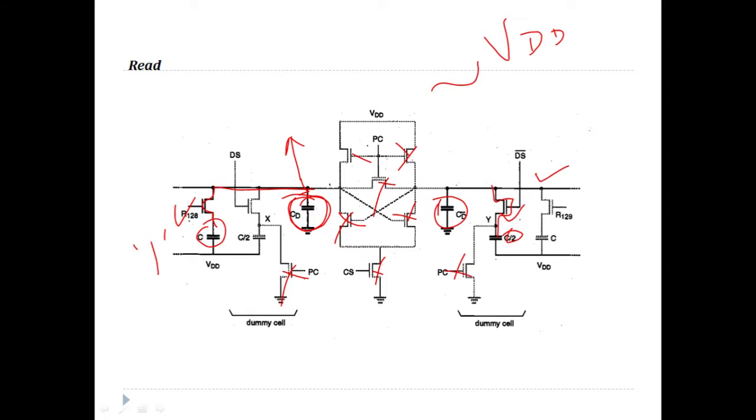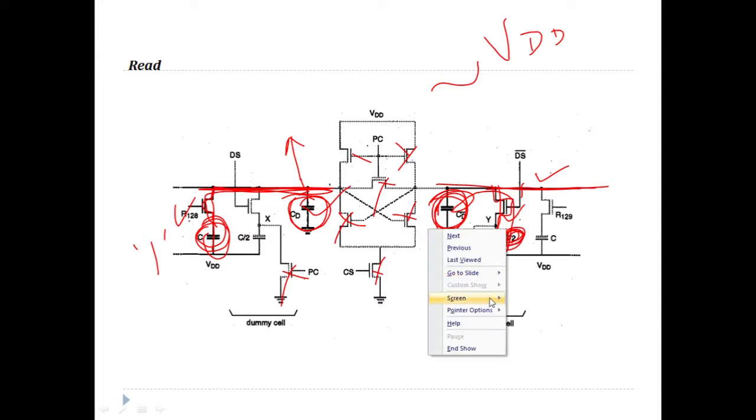Now this half column carries some charge. So this is used to charge this capacitor C by 2. So if this is 1, it will use the charge stored on this C to increase the voltage on these capacitors. And because this dummy cell is on, voltage on this capacitor is pulled down, because it tries to charge C by 2.